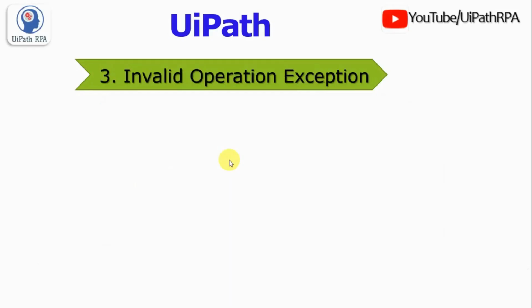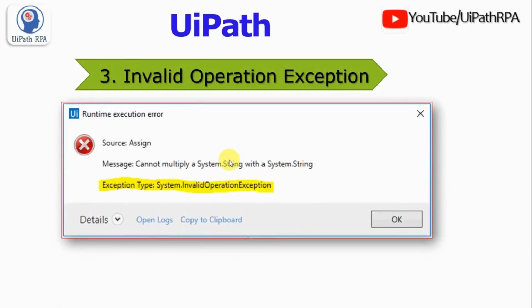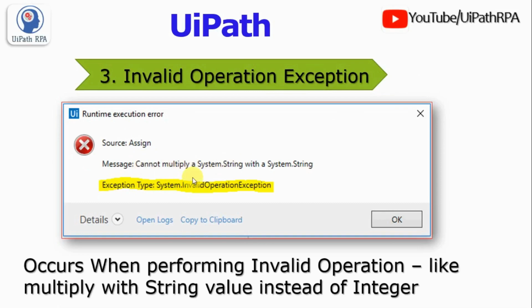So the next exception is InvalidOperationException. It will look like this, like System.InvalidOperationException. You can see the message here: cannot multiply a System.String with a System.String. It occurs when performing invalid operations like multiplying with a string value instead of an integer.